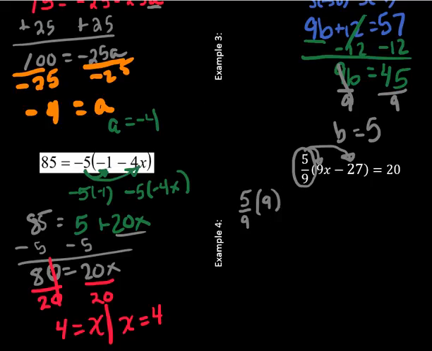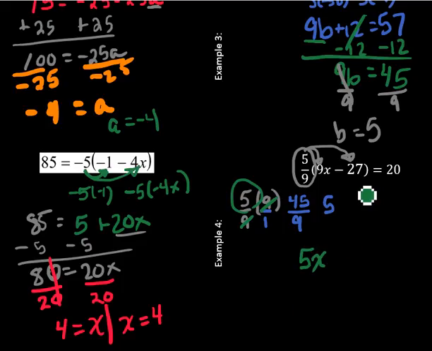That's the first part. We're going to put a 1 underneath this. 5 times 9 is 45 divided by 9. Okay, well, that is 5. And I could see that easily right here because the 9 would cancel the 9 right there, leaving me with 5. So 5/9 times 9 is 5, and then put the variable on there.